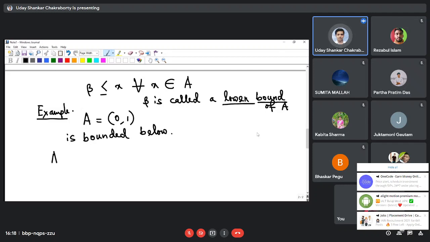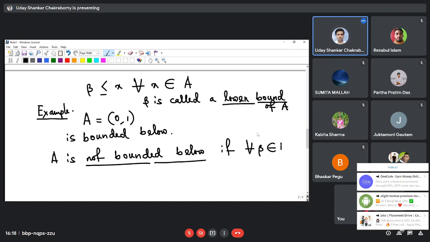Likewise, A is not bounded below if no such beta exists. That means for every beta belonging to R, there exists an element x in A such that x is strictly less than beta.